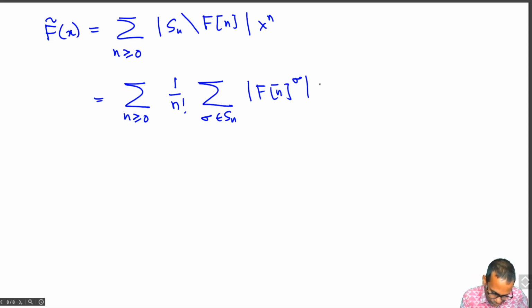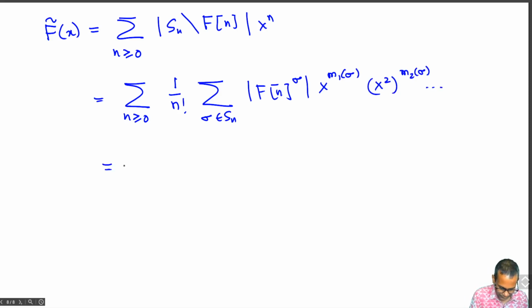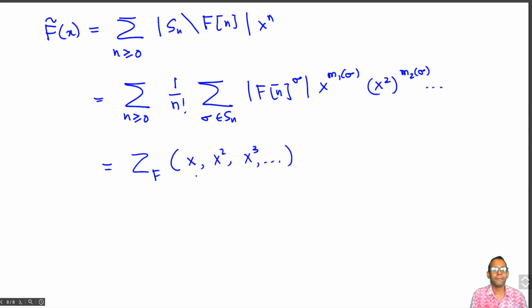I want to write x to the n, but now what I can do is, if sigma is in Sn, then I can write this as x raised to m1 sigma, x squared raised to m2 sigma, and so on. But that is exactly the same as Z f of x, x squared, x cubed. So the type generating function is obtained from the cycle index generating function by just replacing x subscript i by x to the power i.